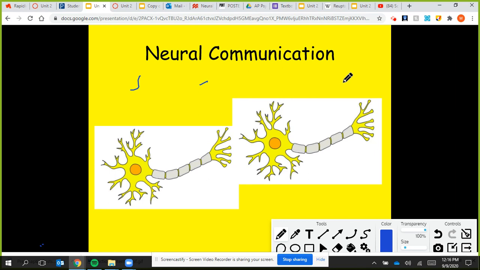If you don't get bogged down, I actually don't think this process of neural communication is all that difficult. I'm going to explain it as best I can in the easiest possible terms, but I need you to ask questions if you have questions. Last class was really good about asking questions, sort of extension questions, which is good.